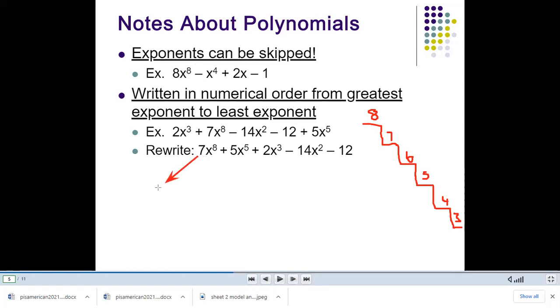Now, 7 is called what? Leading coefficient. And what about 12?